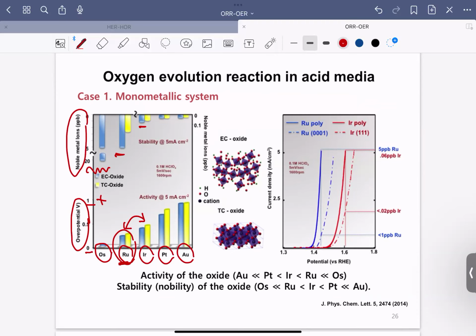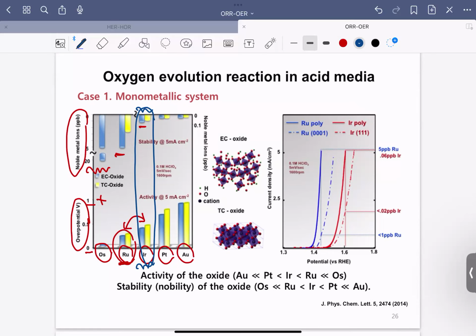That's the reason why people conceived the idea that the iridium is the relevant catalyst for OER in PEMWE, because it shows relatively high activity and also relatively good stability, right? That's the reason why iridium has been considered a benchmark for the OER electrocatalysis.